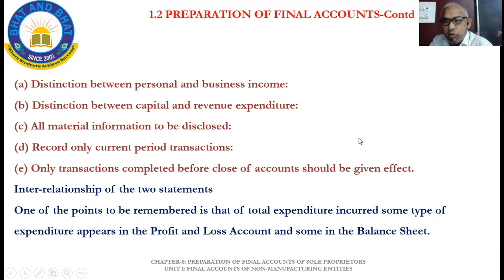For example, cash used for paying his son's school fees is personal expenditure, not business expenditure. Hence it will be treated as proprietor's drawings and deducted from the capital of the business.